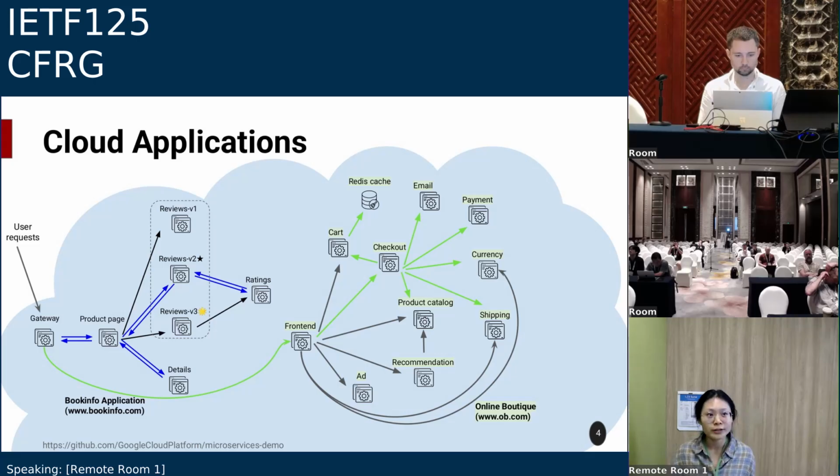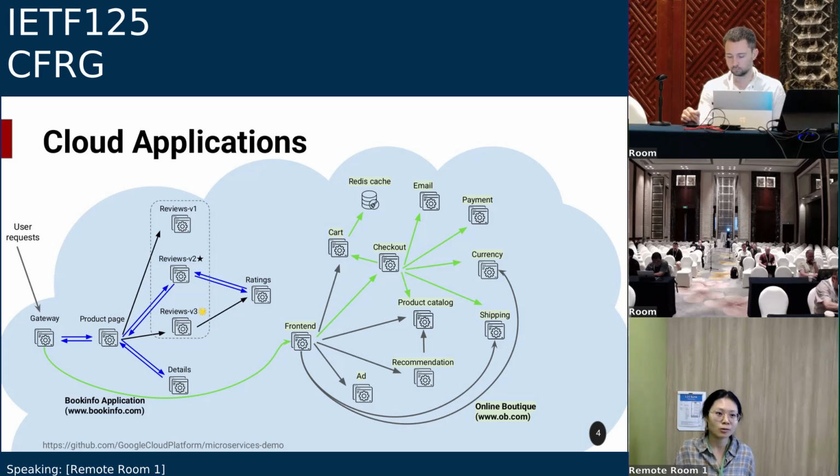And here's how a cloud application looks. We can see from the figure that the cloud application is built from multiple microservices or serverless functions, and one user request can trigger multiple internal calls. The microservices are ephemeral instances.